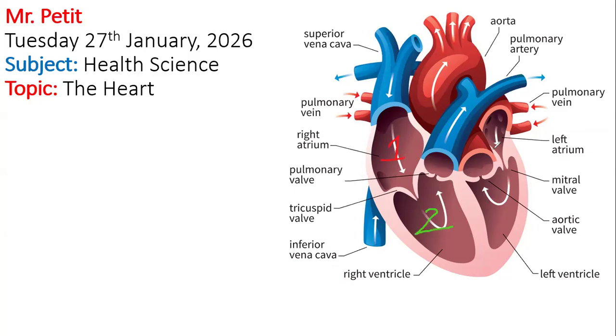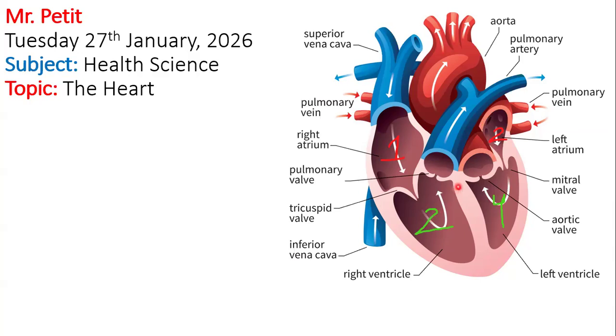Then you have the next chamber, and then the other chamber. So the heart really has 4 chambers. The first chamber is the right atrium, that's the upper chamber. It also has the left atrium, again an upper chamber.